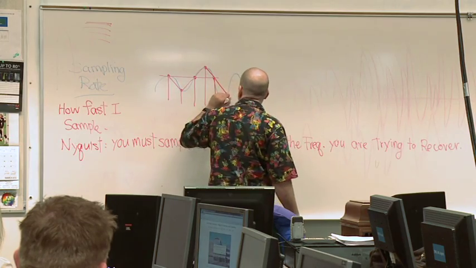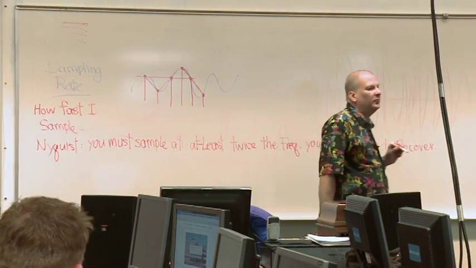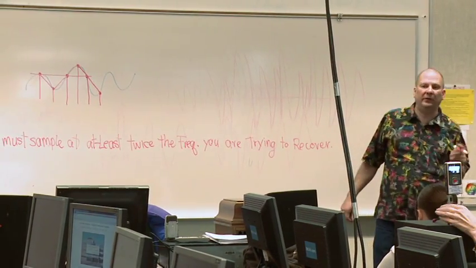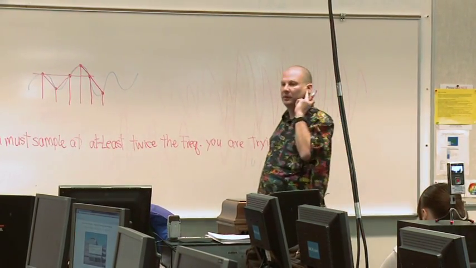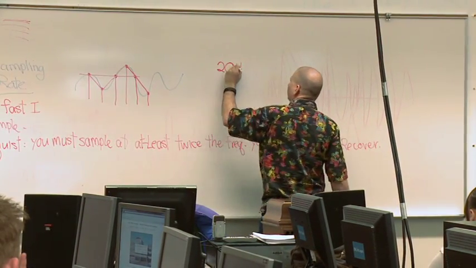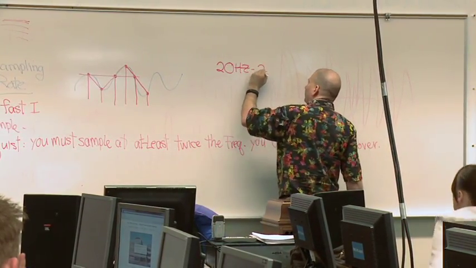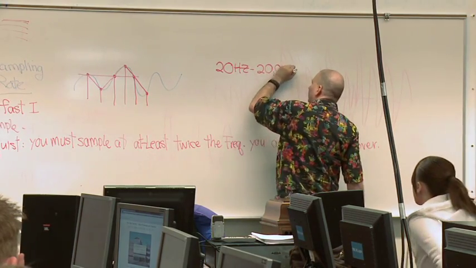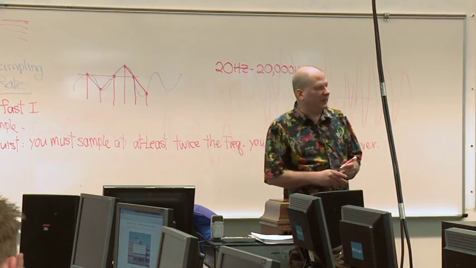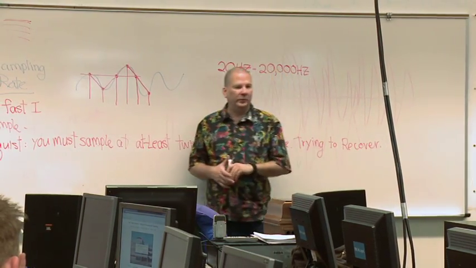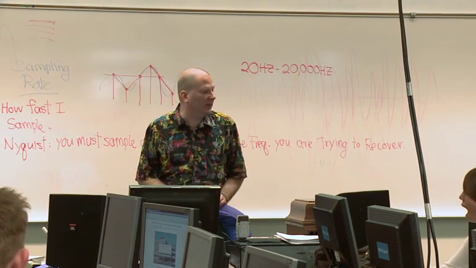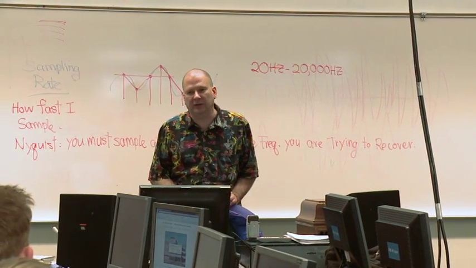So, does anybody know the human range of hearing? What is the range of human hearing? It's 20 hertz, 20 vibrations per second, to 20,000 vibrations per second. That's for an average young human being. If you've been to lots of concerts in your life, you've probably lost the 20 kilohertz.